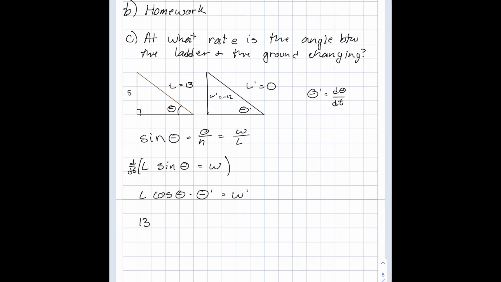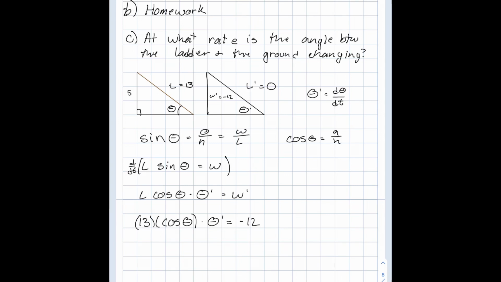So I know that L is 13. I know that cosine of theta is equal to something, we'll figure that out in a second. Times theta prime, which is what we're trying to find out, equal to W prime, which we just found out is negative 12. Remember that cosine theta is adjacent over hypotenuse.